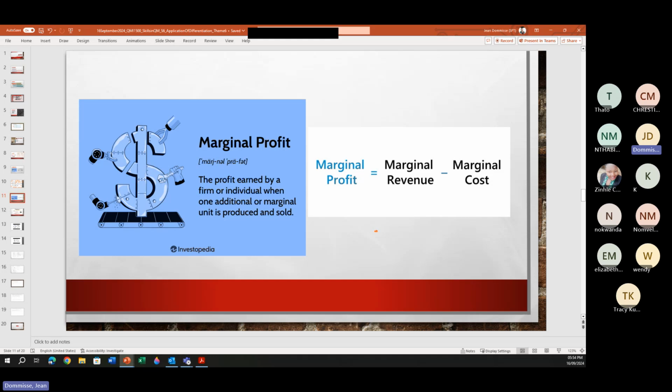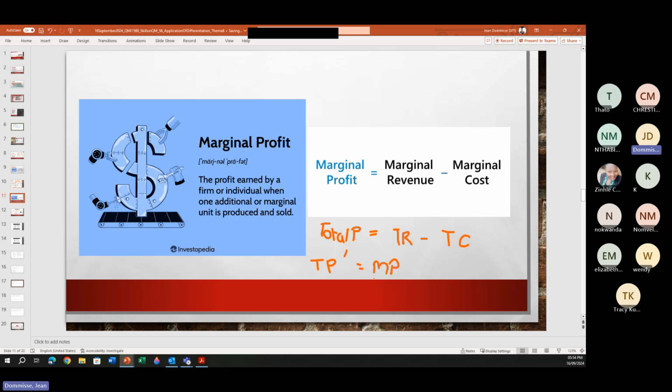Or you could say your total profit is equal to total revenue minus total cost. And then if you get your total profit, you can say, if I take the first derivative of my total profit, that will be equal to my marginal profit.